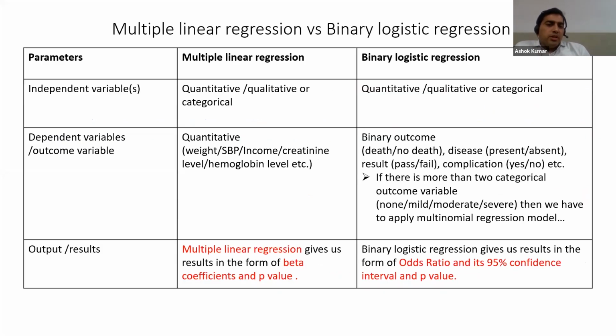So comparing multiple linear regression versus binary logistic regression, the independent variable in multiple linear regression can be quantitative, qualitative or categorical. In binary logistic regression also it is the same, quantitative, qualitative, or categorical.